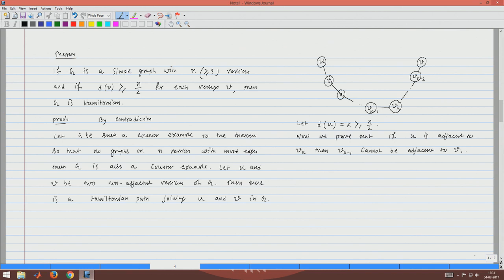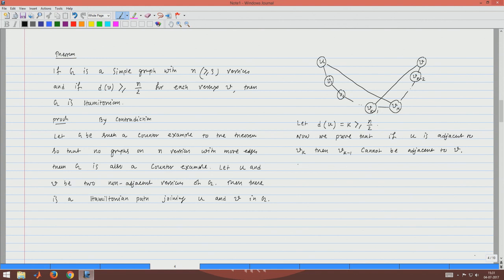So if u is adjacent to vk, then v(k-1) can't be adjacent to v. This we prove just to determine the degree of v, and we will come to a contradiction.